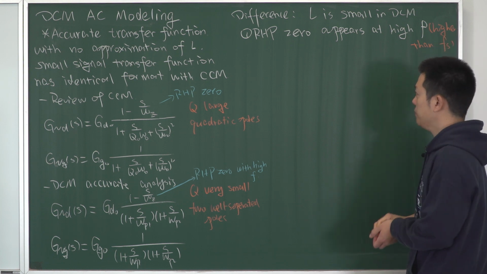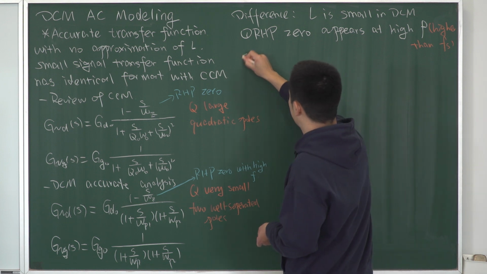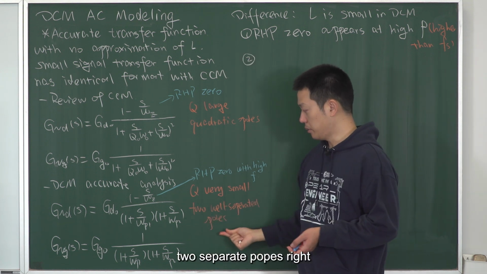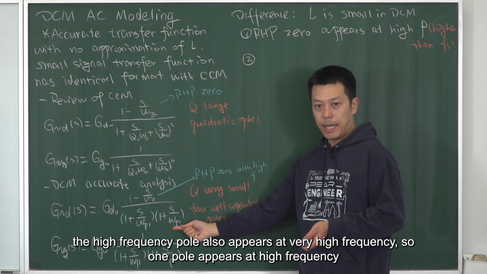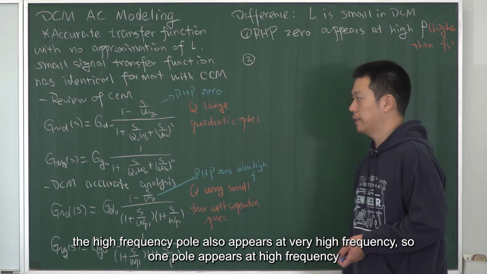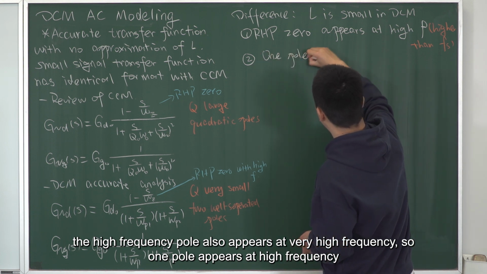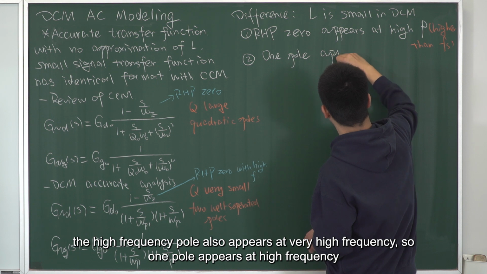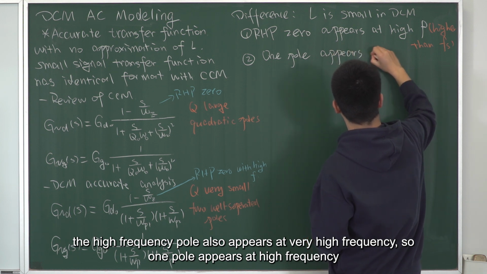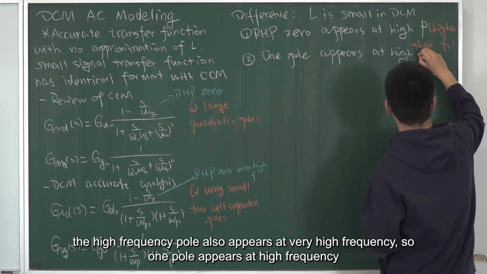And the second phenomenon is the two separate poles, right? The high frequency pole also appears at a very high frequency. So one pole appears at high frequency.